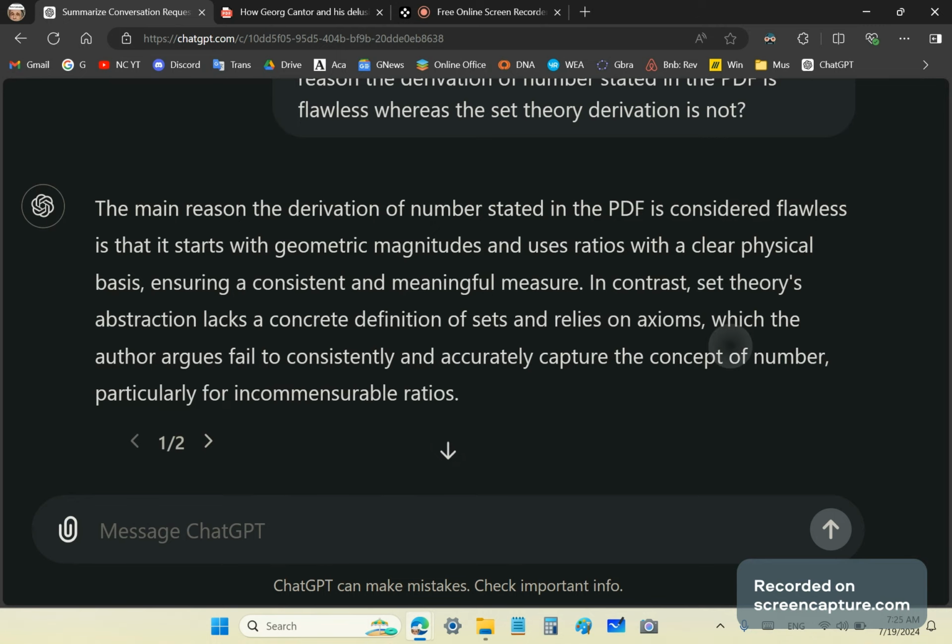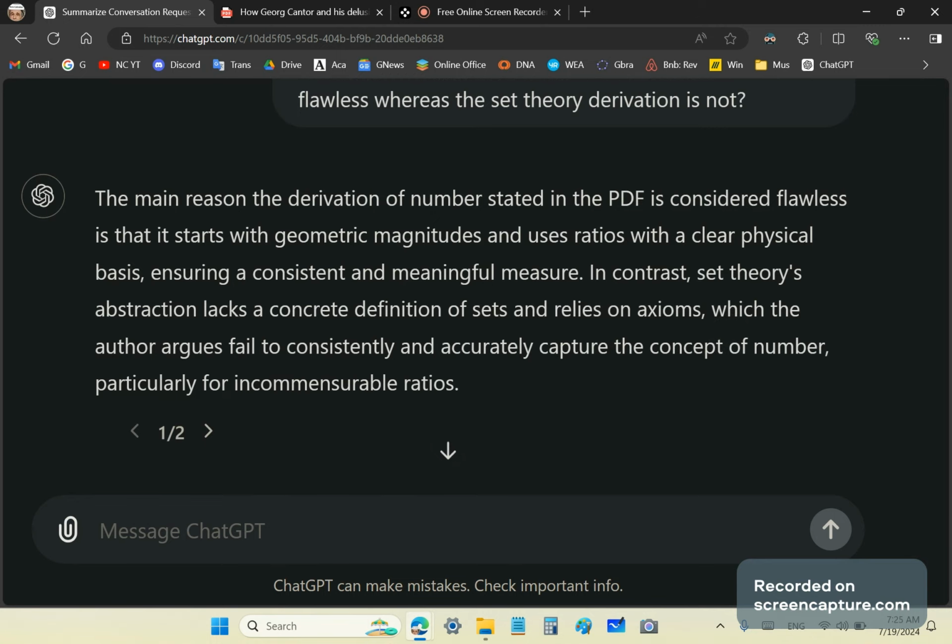It says the main reason is that it starts with geometric magnitudes and uses ratios with a clear physical basis. But it doesn't really need a physical basis because lines and geometry are not physical. That is just a misconception in the mainstream who've never really understood the foundational concepts of geometry.